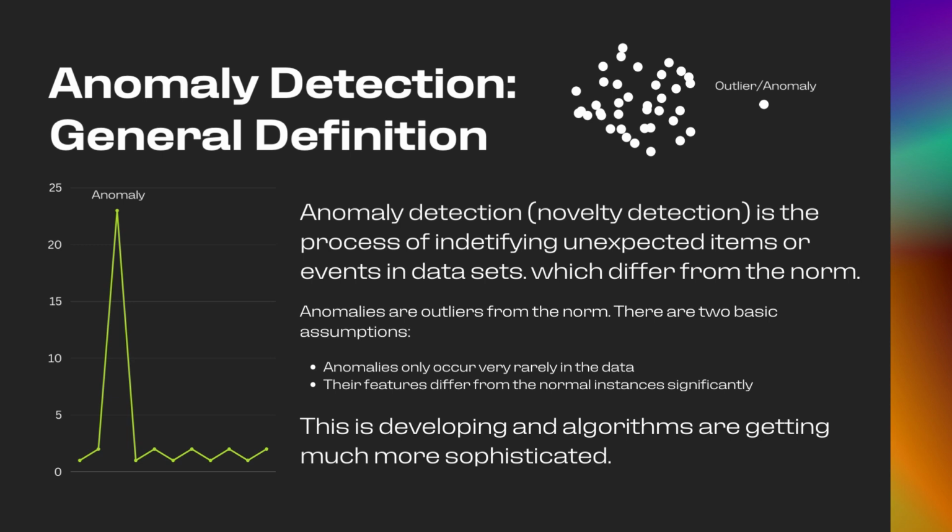In other words, things that differ from what is a good sample. So anomalies are outliers from the norm, and there are two basic assumptions, as it says here. One is that the anomalies occur rarely in the data, and the second assumption is that they do actually differ significantly from what you expect. So they're relatively straightforward to pick up. But it is developing a lot as algorithms are getting more sophisticated.